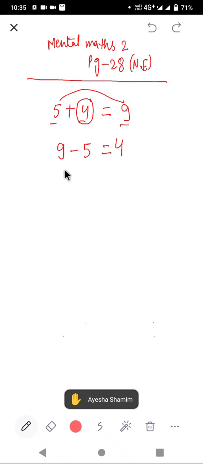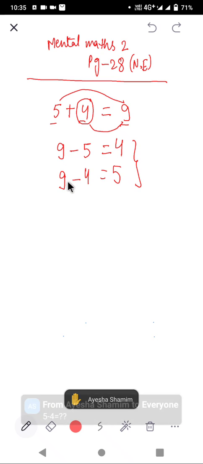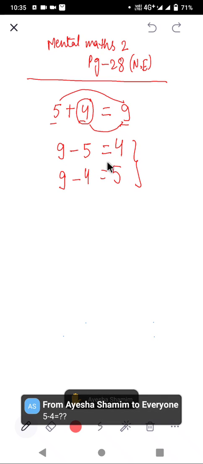Now another fact, 9 minus 4. If we subtract 4 from 9, we get 5. So by using three numbers we can find two subtraction facts.